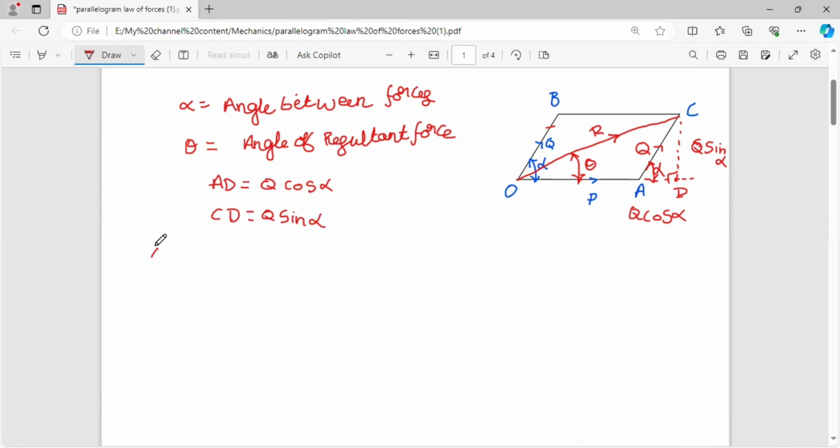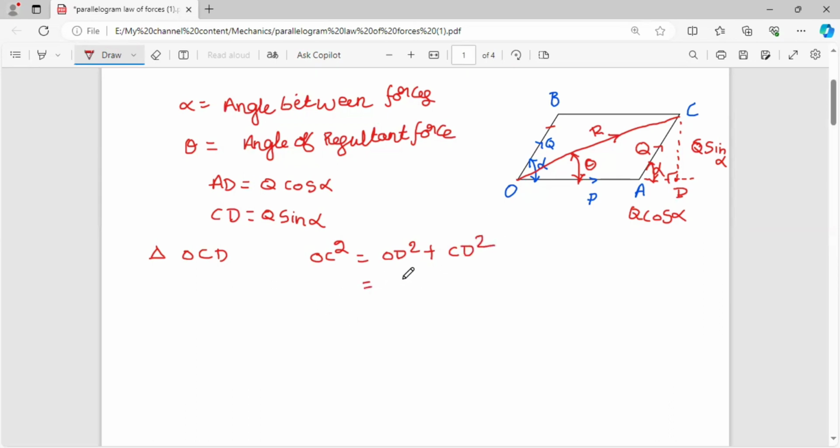Now I am considering the triangle OCD, that big red triangle OCD. It is a right angle triangle. From the right angle triangle, by the Pythagoras rule, hypotenuse square equals side square plus side square. What is the hypotenuse? OC. OC square equals the adjacent side OD square plus the opposite side CD square.